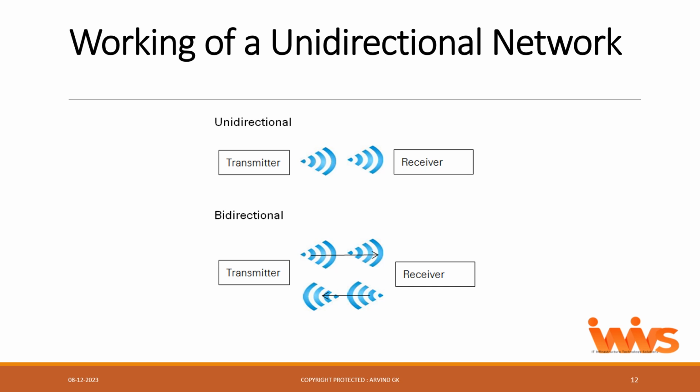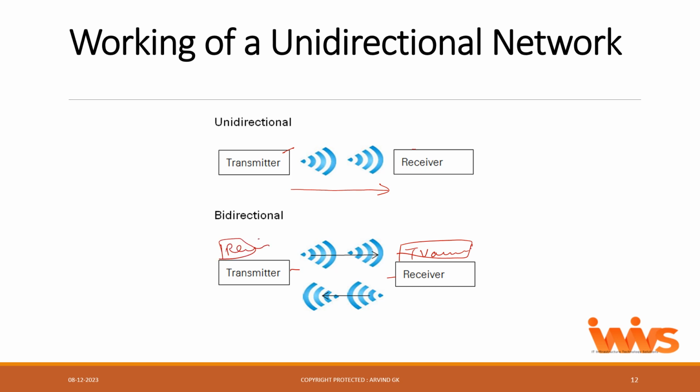Now, working unidirectional and bidirectional. Unidirectional is one way: there will be a transmitter and a receiver, and that's the end. Unlike bidirectional, where you have a transmitter as well as a receiver on both sides. I forgot to put it here: there will be one more transmitter here and one more receiver here.